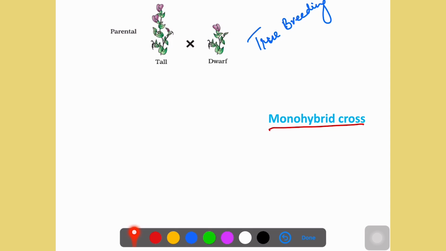True breeding plants simply means those plants which produce offsprings with the same character as them. In other words, here the tall pea plant upon self-pollination will produce only tall offsprings, and the dwarf plant over here upon self-pollination will produce only dwarf pea plants. So that's the meaning of true breeding.